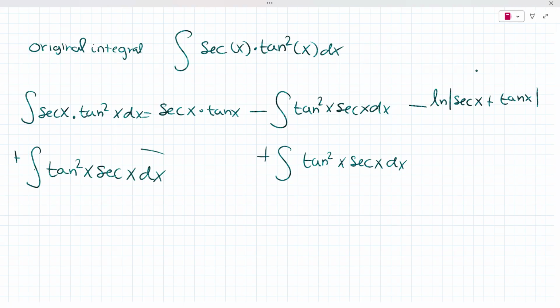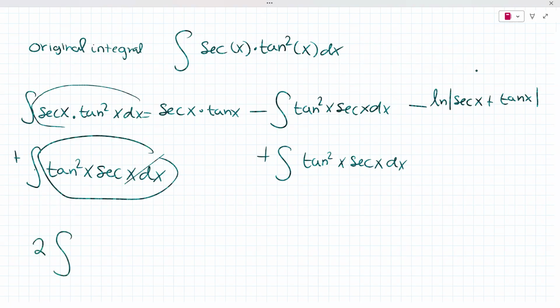So you have this and this. Once you add that, they're practically the same thing, so you can replace that with 2 times the integral of secant of x tan squared of x dx.